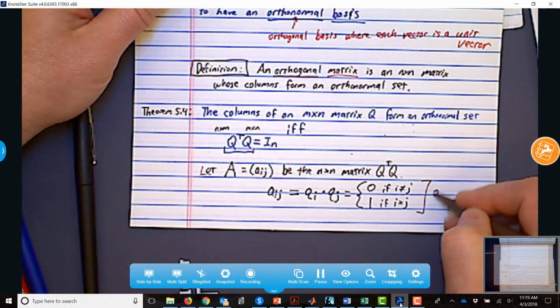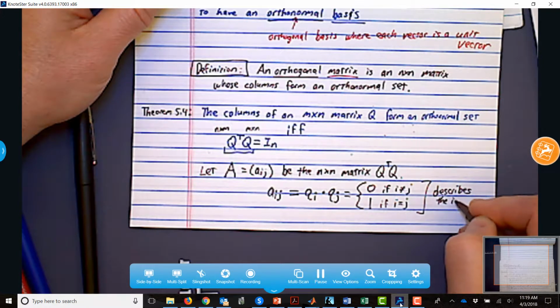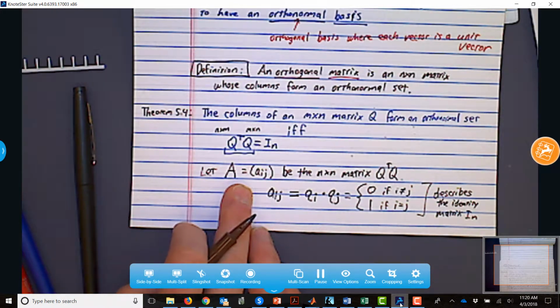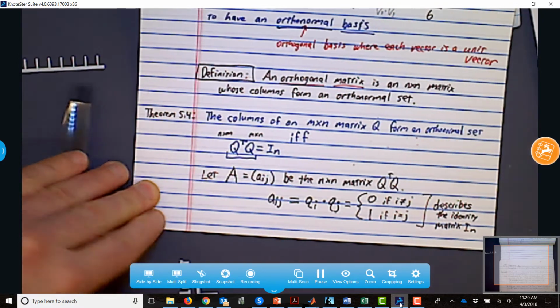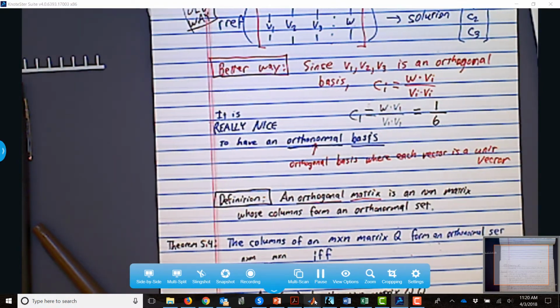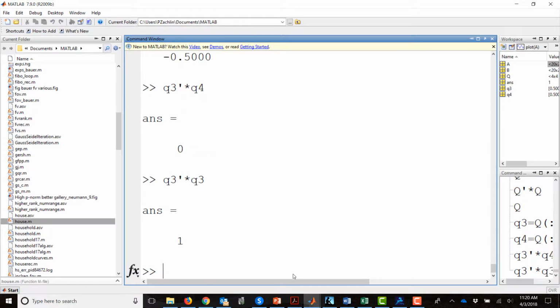And this describes the identity matrix. So we just proved that this A is actually the identity matrix: 1 if i and j are the same. For example, if we go back to MATLAB and I do Q3 dot Q3, I get 1. So that's why you get the identity matrix. Okay?